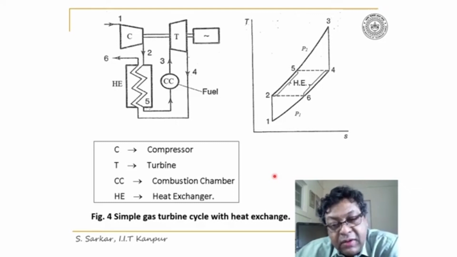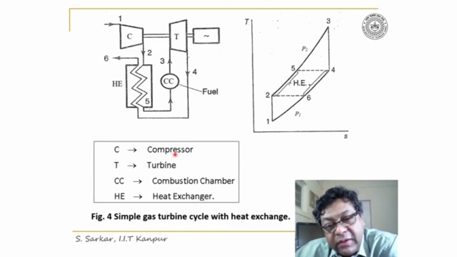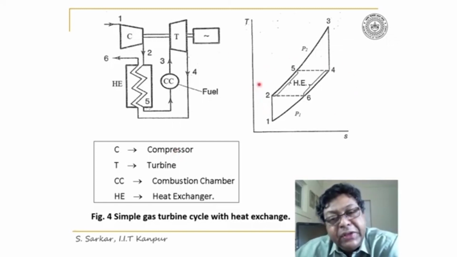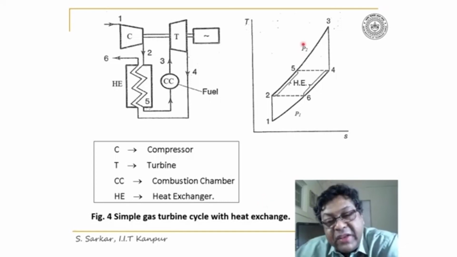As before, the T-S diagram of a simple gas turbine cycle. Here, part of the heat load is accomplished in the heat exchanger, that is, the process 2-5 occurs because of exchange of heat in the heat exchanger.